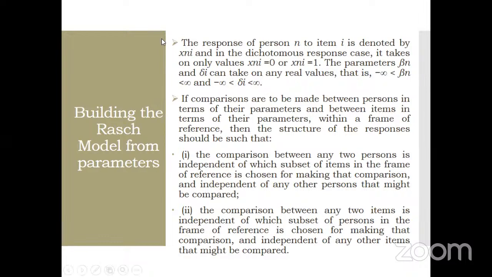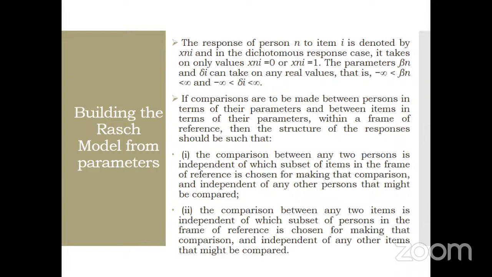Okay, let me explain it again. So this X_ni basically indicates the response to a particular item, right? Clear? Any response to a particular item? Now, when we are considering a dichotomous item, dichotomous item means yes or no, binary, either 0 or 1. It will be either correct or incorrect. There is one correct answer.